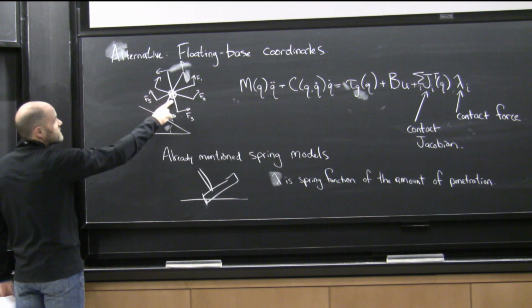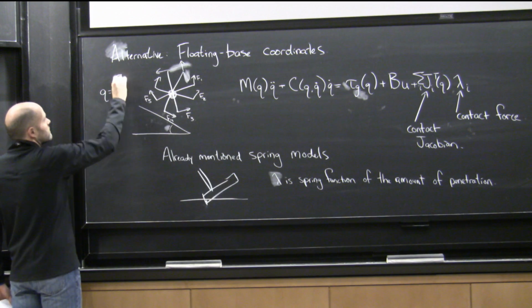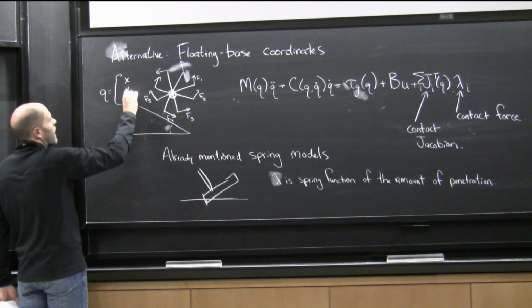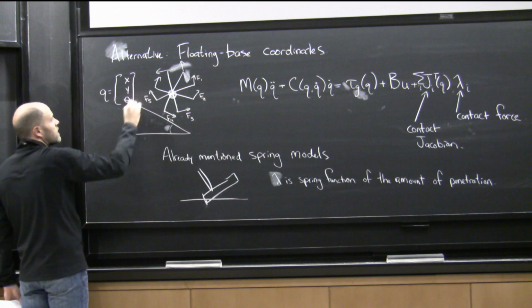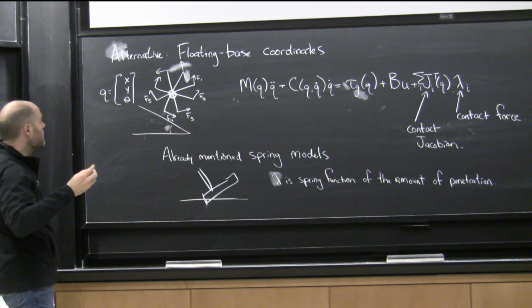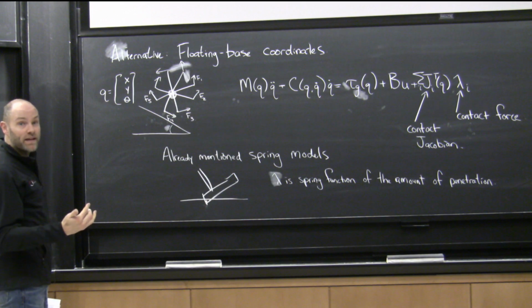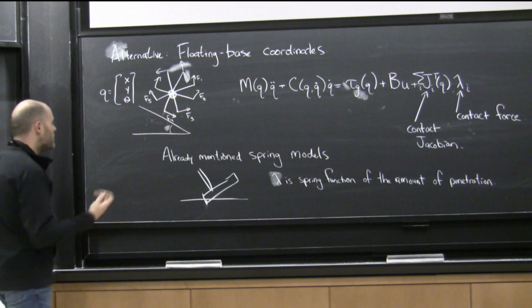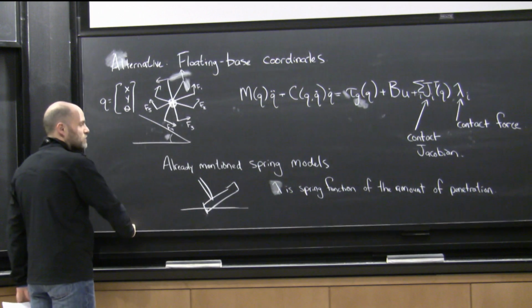Okay, so what's the state space of this now? The state space of this is probably x, y, theta. So I went from a 2-dimensional state space, which was my theta and theta dot, up to now a 6-dimensional state space that I'm thinking about. And this is also called maximal coordinates.